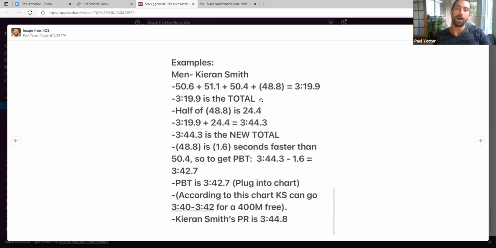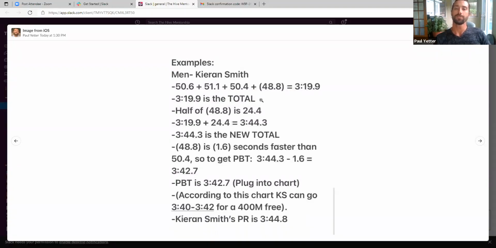I took half of that parenthesis number, that last 100 in parentheses, and added it to the total. So I take 24.4 and add it to 319.9. I get 344.3. That's the new total. Now here's the last thing you've got to do with this. You've got to take the relationship between the 4th 100 and the 3rd 100. Kieran Smith, and this is the reason why I think he can go between 3:40 and 3:42 in the 400 meter freestyle.